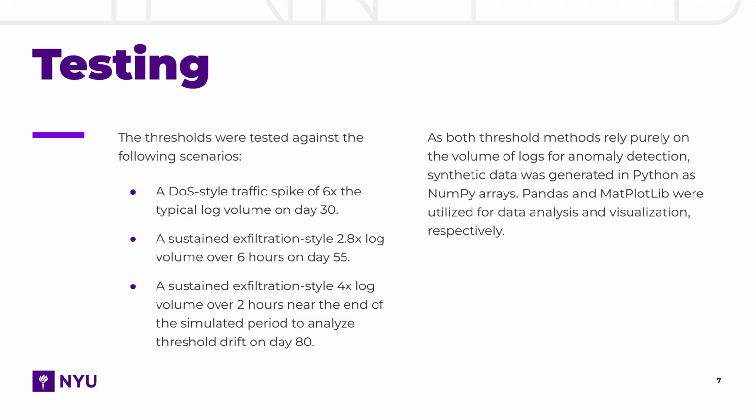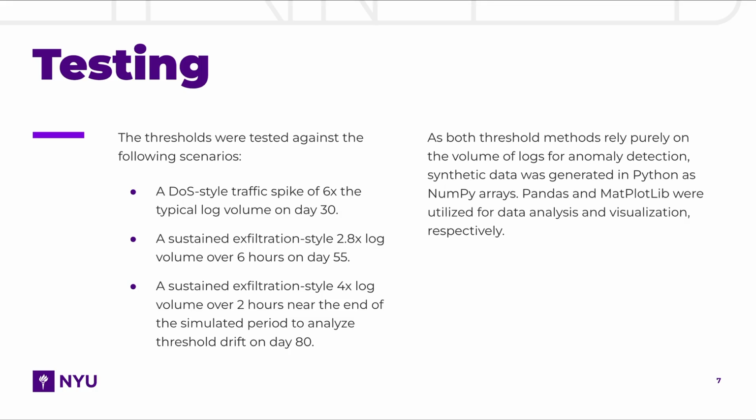On day 55, there's a lower, but still higher than normal, log volume. It's 2.8 times the normal log volume, but that's over 6 hours. So it's definitely a lot more sustained than the denial of service one. And then I put another sustained one closer to the end of the experiment on day 80, where it's 4 times the normal log volume over 2 hours, with some variance there.